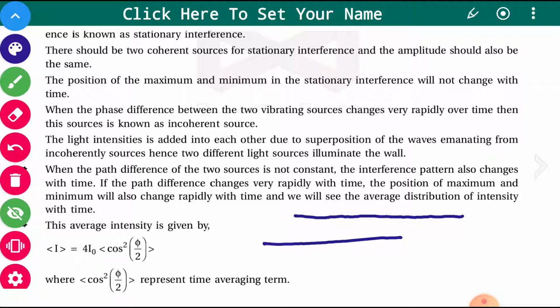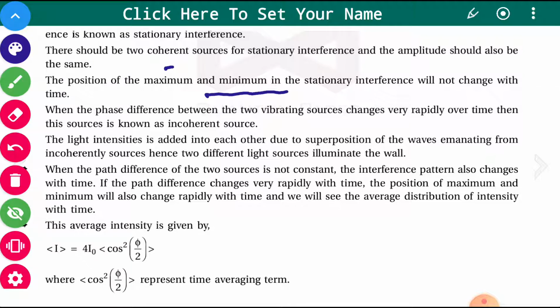Try to understand. There must be minimum two sources, and the amplitude should also be the same.